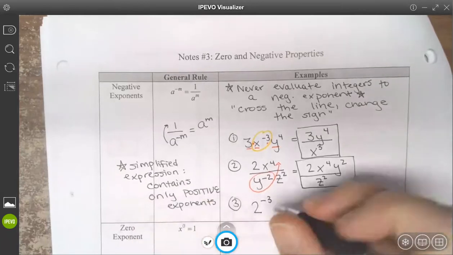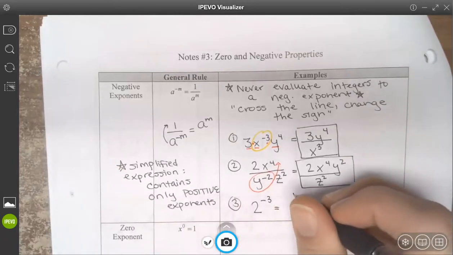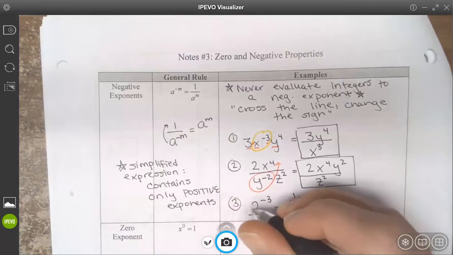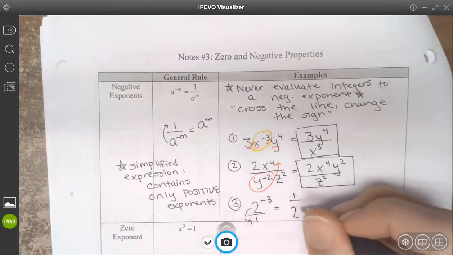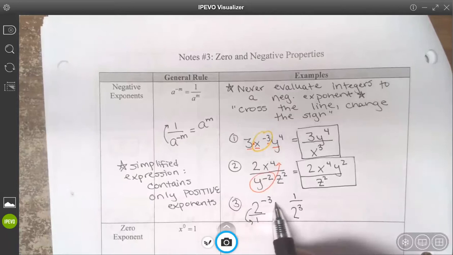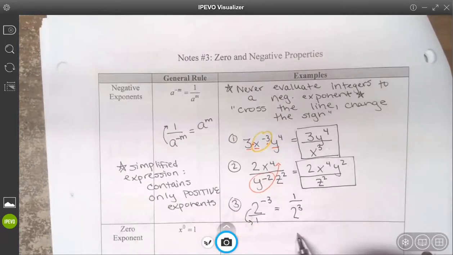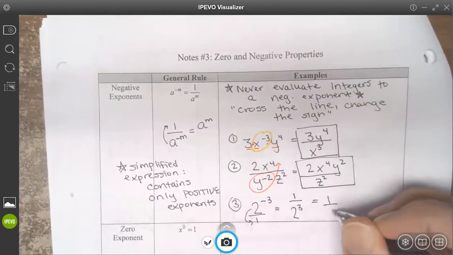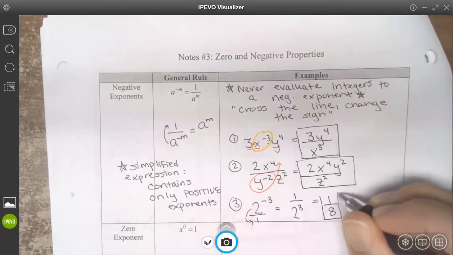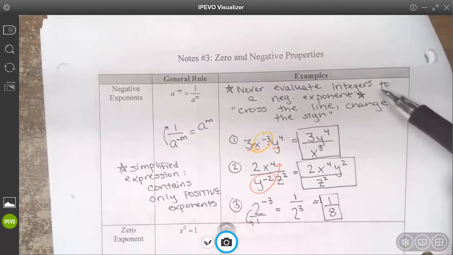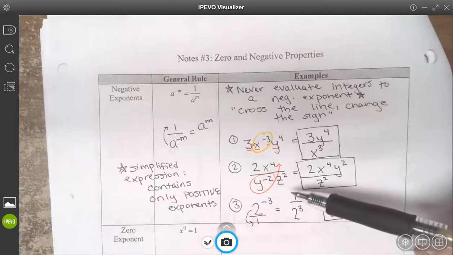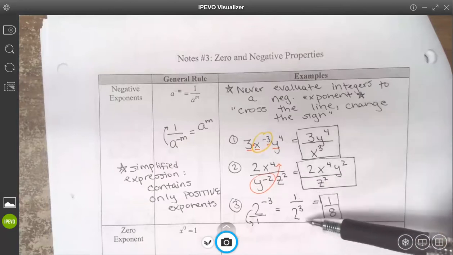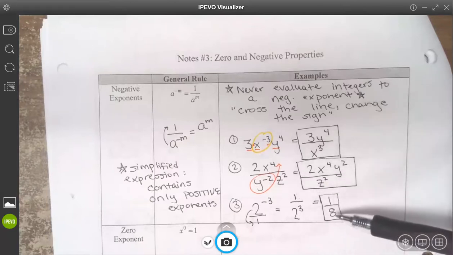If we follow this rule, this is in the numerator, so I'm going to move it to the denominator and make it positive. That means that 2 to the negative third is 1 over 2 cubed, or 1/8 when I simplify it. So I never evaluate things that have negative exponents. First, I make the exponent positive, and then evaluate it wherever the positive exponent is located.